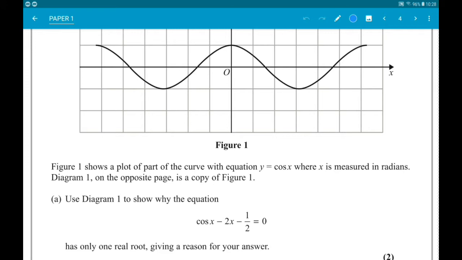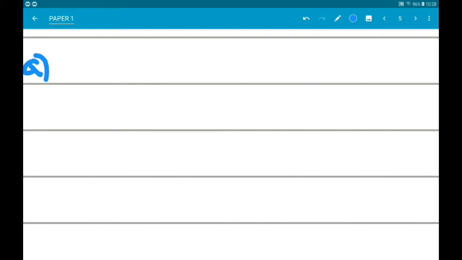Okay, so the way that we're going to do this is by using two graphs. So we're going to get minus 2x minus 1/2 on the other side. So we get cos x is 2x add 1/2.